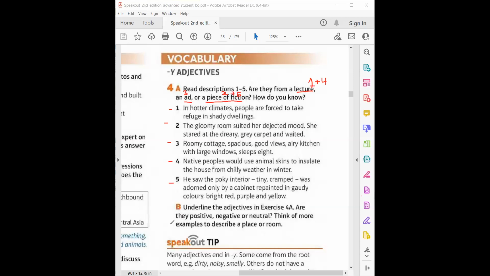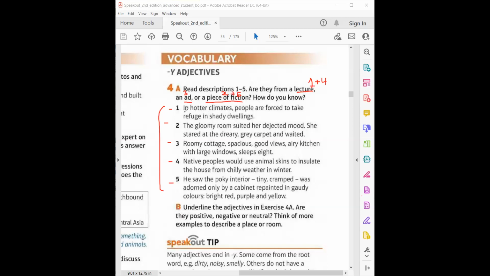Again, here they are describing something to you, okay? So I want you now to have a look at those 5 sentences and underline every adjective that ends with Y. So underline the adjectives.